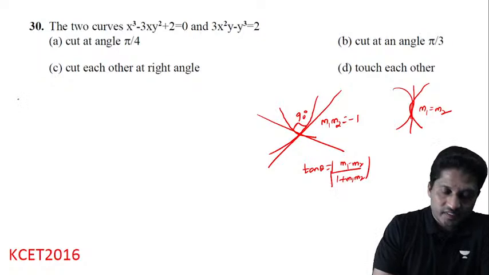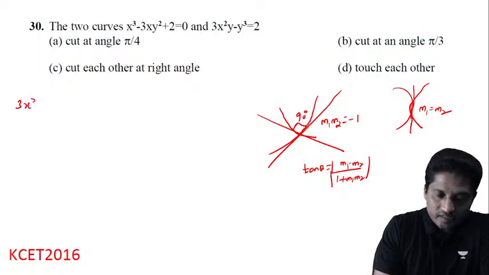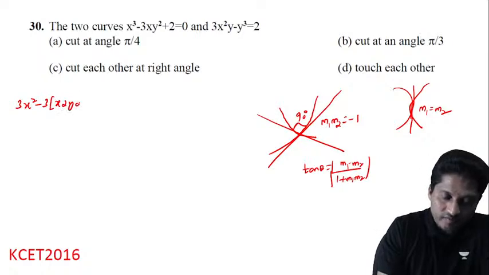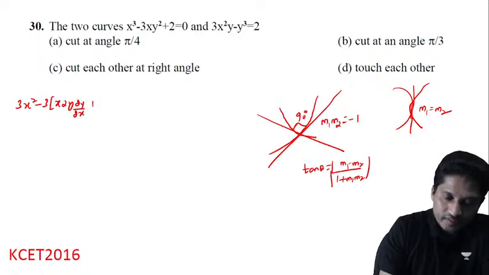So if I differentiate this, 3x square minus 3 times: first function is x, differentiation of y square is 2y dy by dx; second function is y square, differentiation of x is 1.